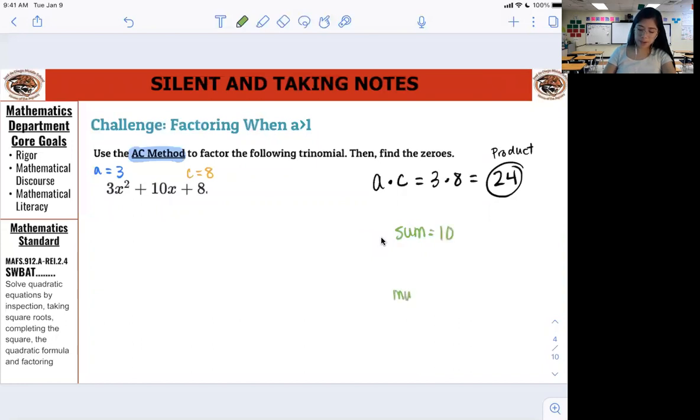And they need to multiply to make 24. Sum product. So step 1, A times C gives you your product. Step 2, sum product. We've been doing this since yesterday. We know how to do that. What 2 numbers add up to 10 and multiply to make 24?